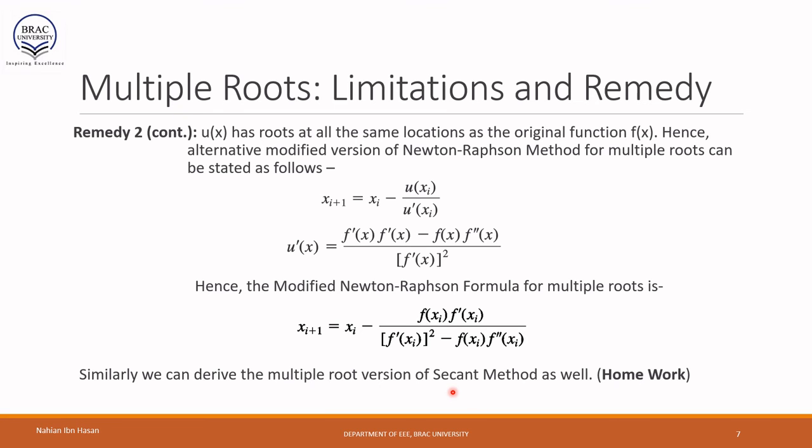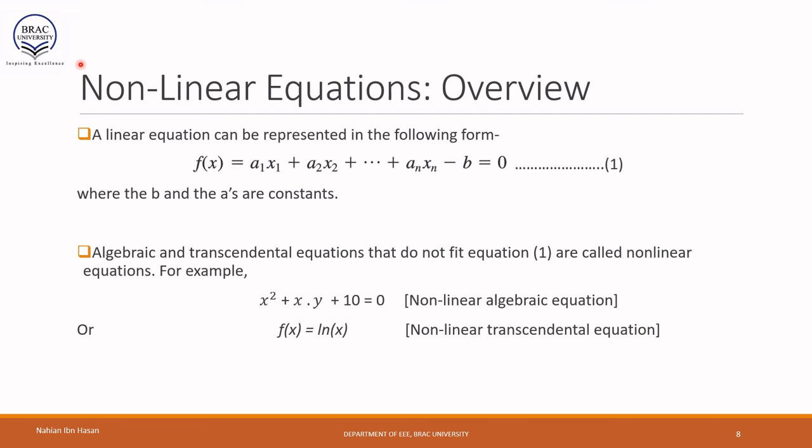Let's look at some of the cases where we might encounter nonlinear equations. Linear equations are of the form of equation 1, where all the a terms and b terms are constants. So equation 1 is a linear equation. Any equation that does not fit this form is a nonlinear equation.